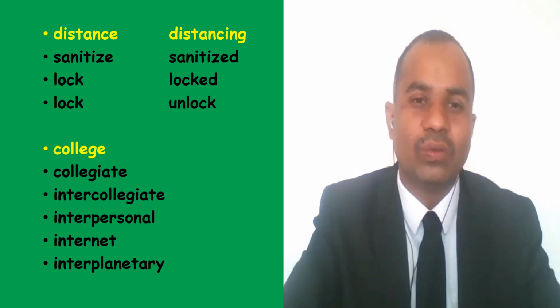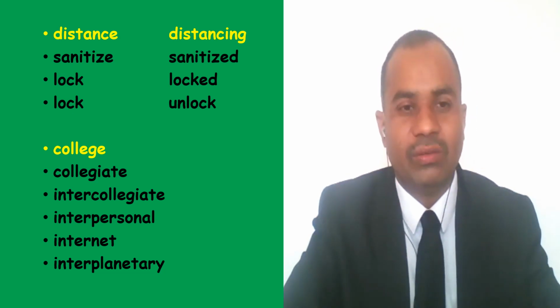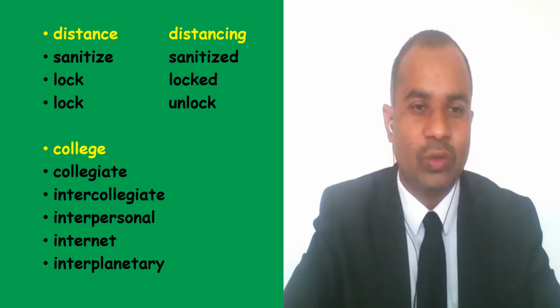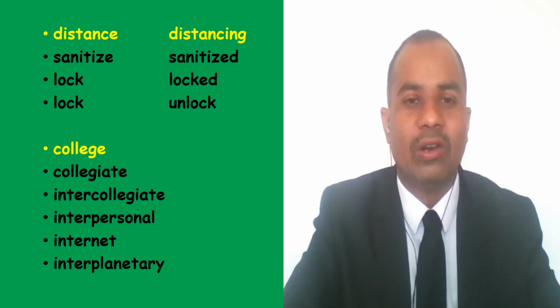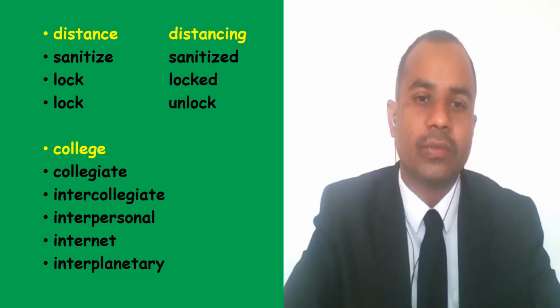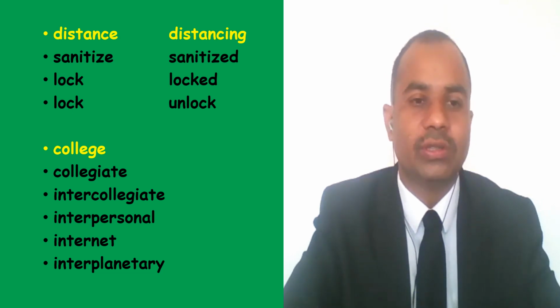Sanitize is a verb, and sanitized remains a verb with the past tense marker. Lock is a noun, and we can even use it as a verb. So locked is a verb, lock is a verb, and unlock is the opposite of that, and you can even use unlocked. That is the opposite meaning.